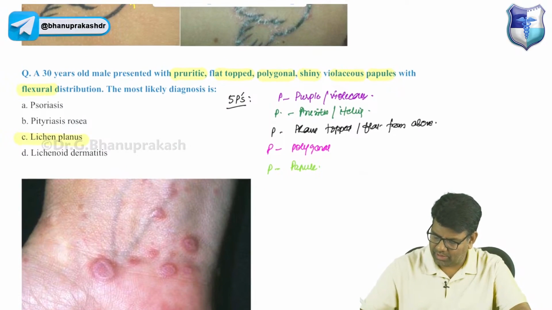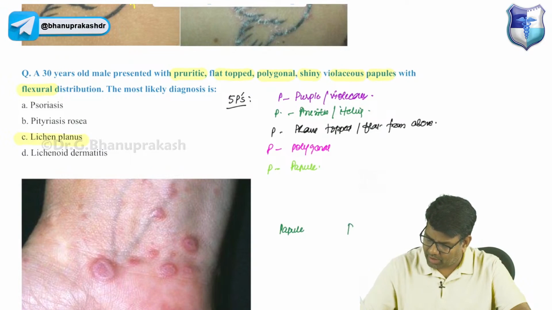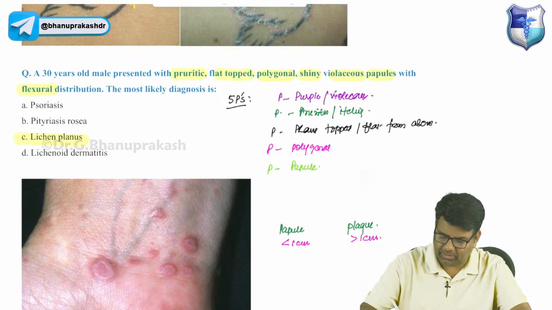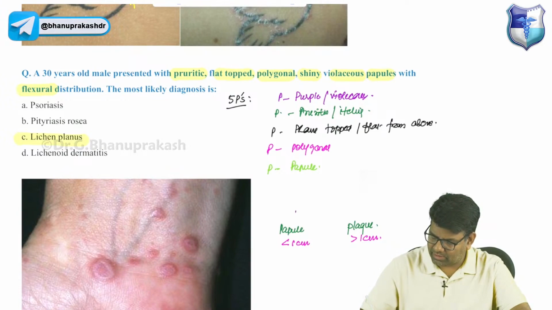Again there are two terms: one is papule, another is plaque. The size of a papule is less than 1 centimeter, a plaque is more than 1 centimeter, and we define them as raised lesions. Papule means that the size of the lesion is going to be less than 1 centimeter.